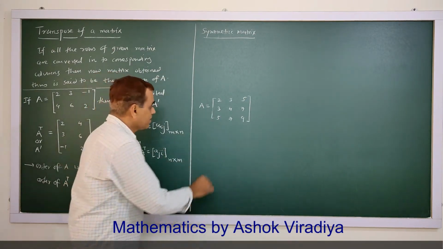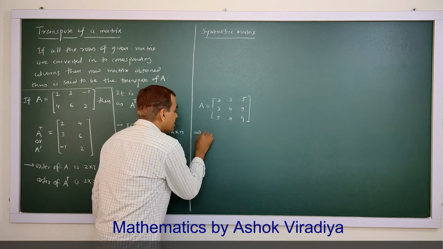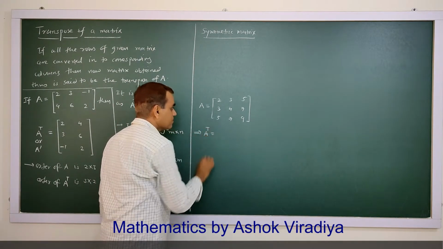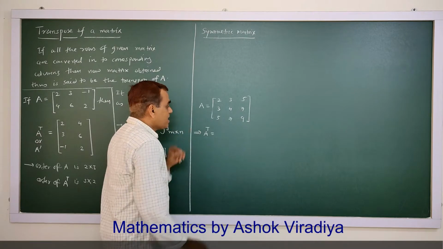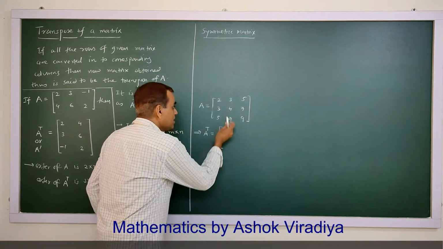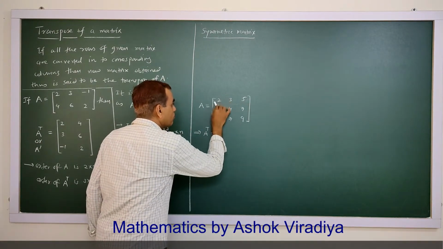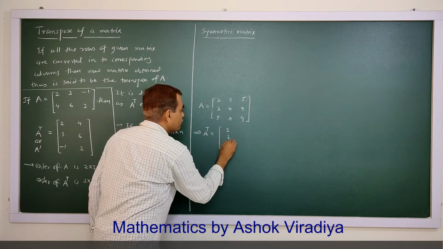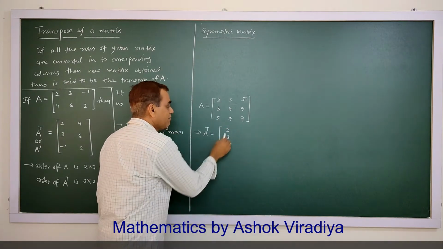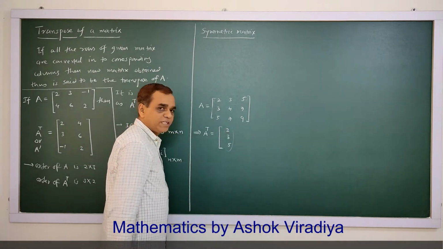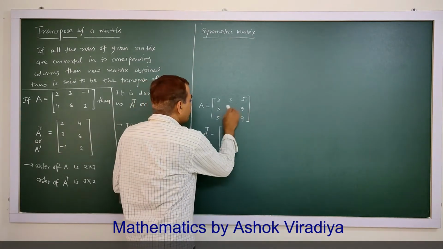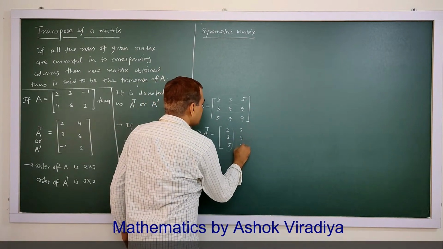Now say, I take its transpose. First row I convert into first column. Second row is now second column.